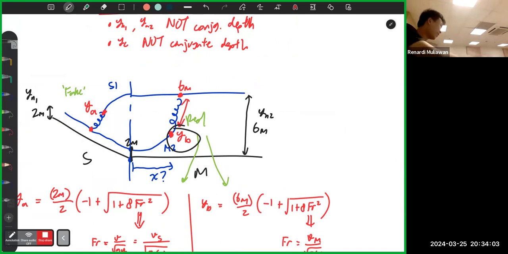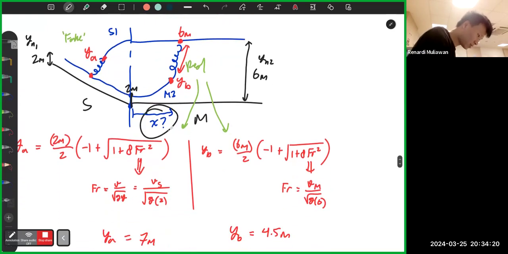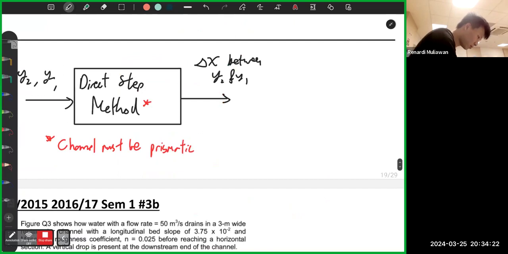No, nothing to do with critical depth for hydraulic jump. For hydraulic jump, we only care about the conjugate depths. Critical depth is outside the equation already. So if you want to find this x, you must plug in 2 meters and YB into the direct step method.